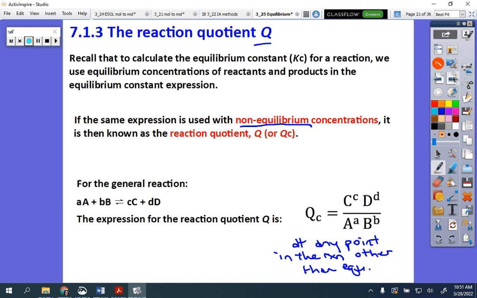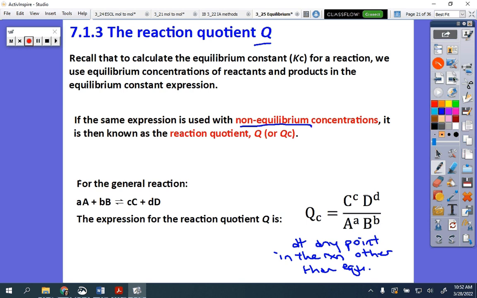It's calculated exactly the same as Kc. Qc is exactly the same. It's the concentration of products to their coefficients over the concentration of reactants to their coefficients. The only difference is this is calculated from the concentrations at any point other than at equilibrium.